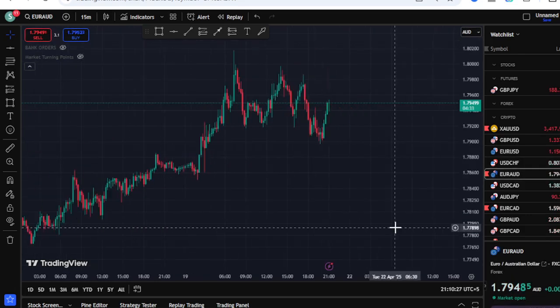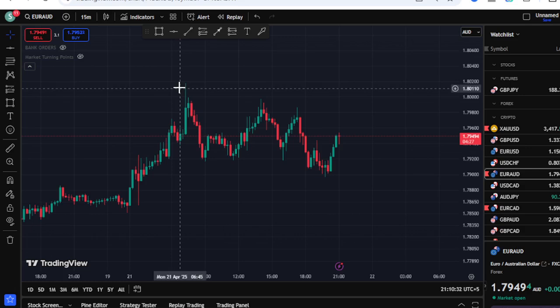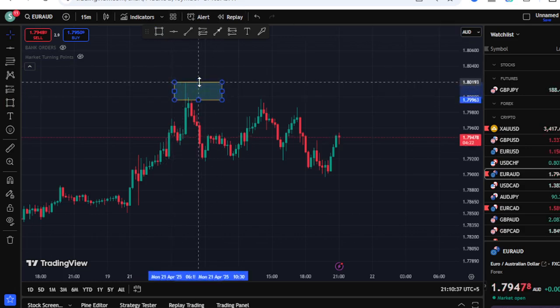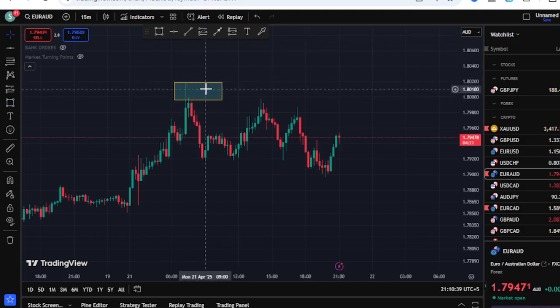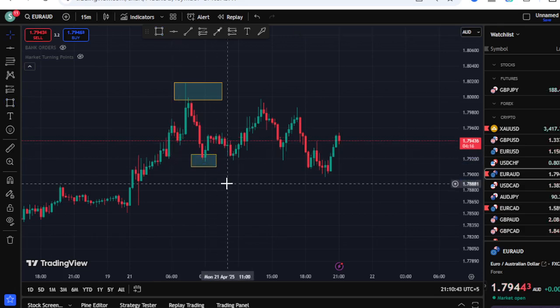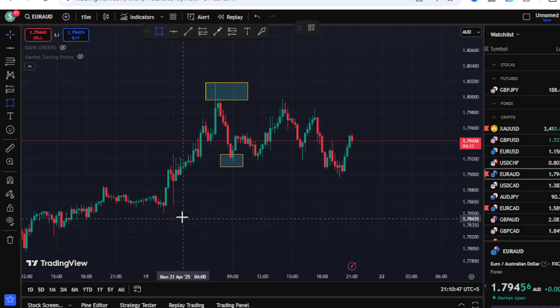Okay. First of all, let's talk about the single highs and lows. So, for example, just look at this area. This is the single high. And if we talk about this area, this is the single low. Similarly, let's find more single highs and lows.